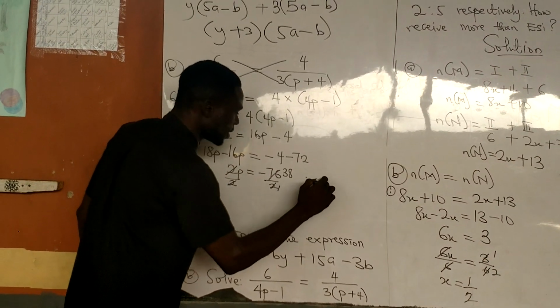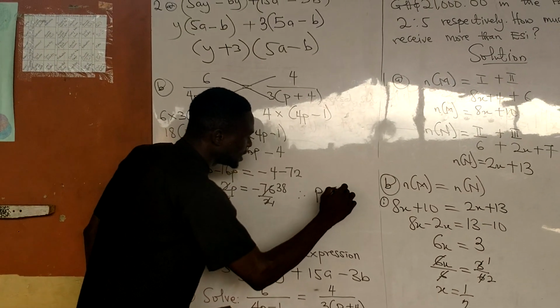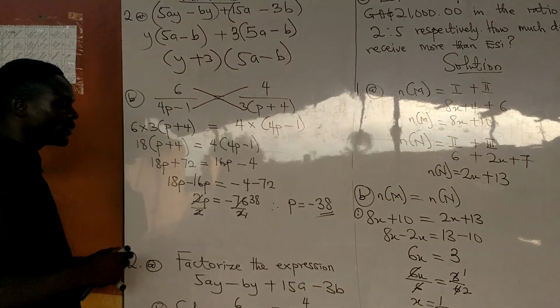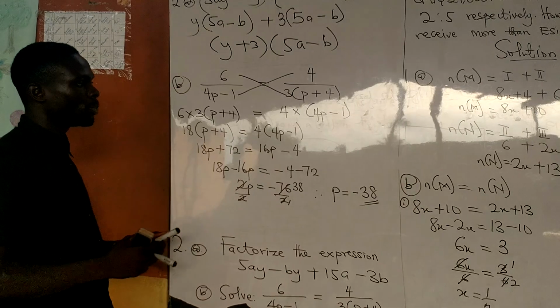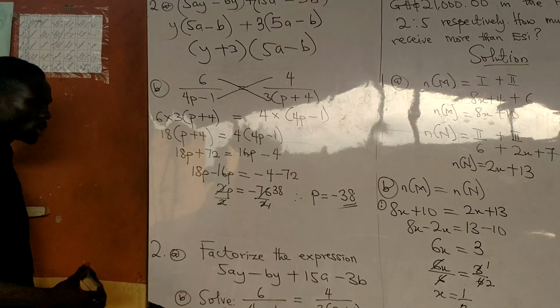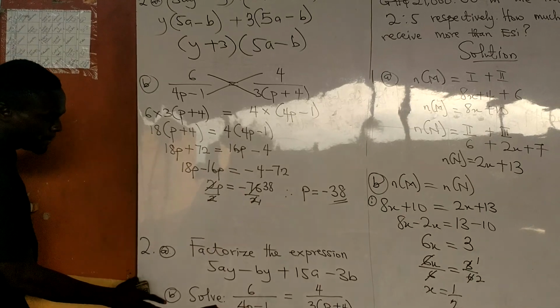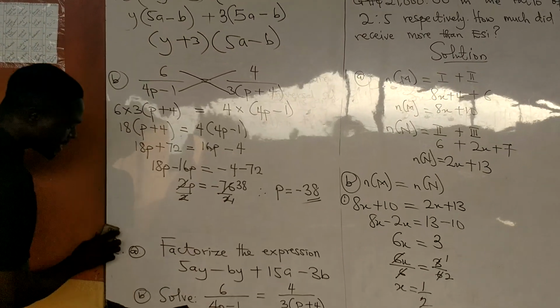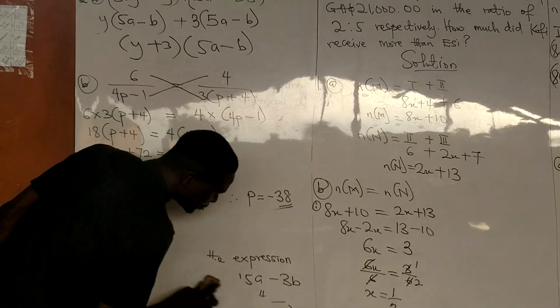So therefore, p is equal to negative 38. And this is your answer. Solve this correctly and you have your point given to you. And this is how we solve for this one. So A and B. This is A, this is B. Let's look at the C for number 2.